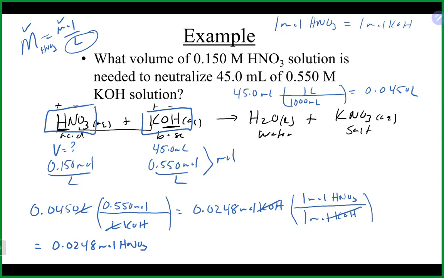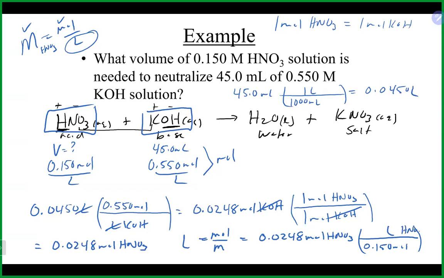So now we're going to rearrange it, and liters will equal moles divided by molarity. So I'm going to take my moles and do a dimensional analysis way so that I can see all my units here. I'm going to divide by the molarity of the nitric acid, which is 0.15 moles per liter.